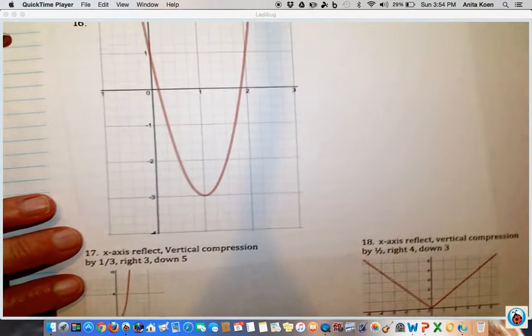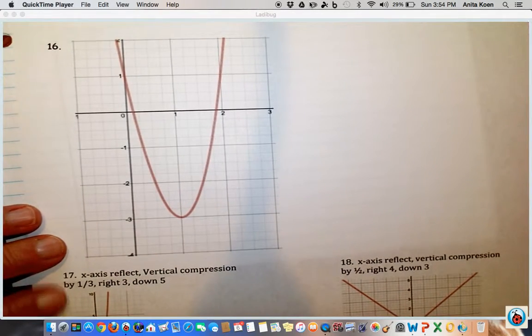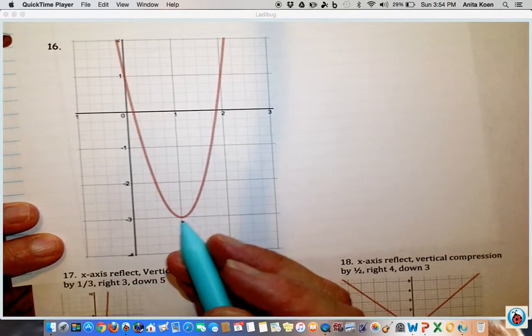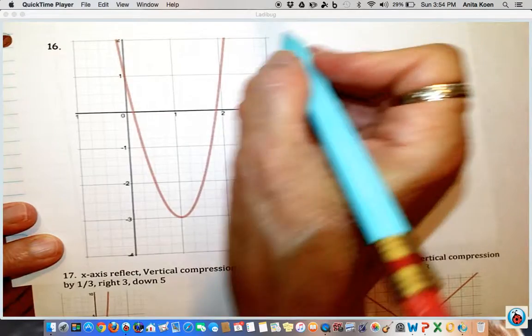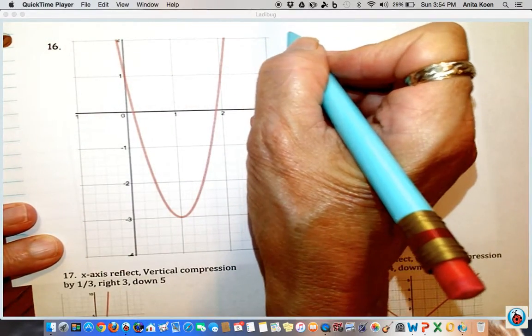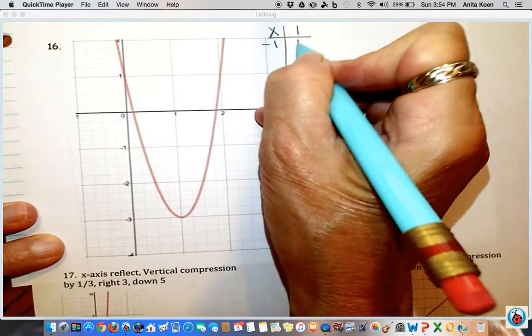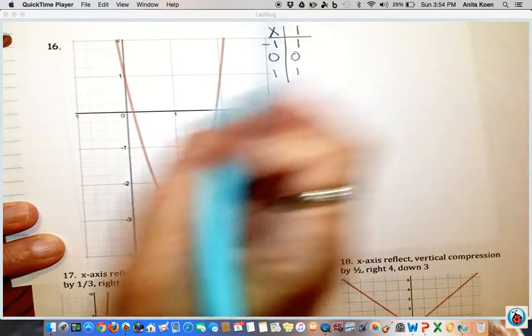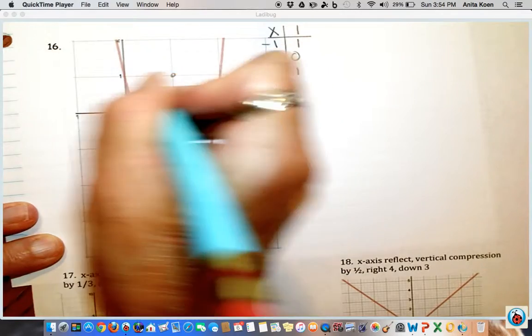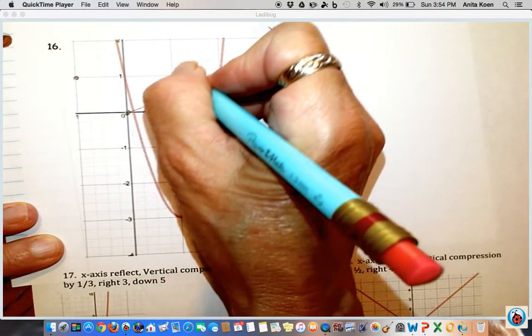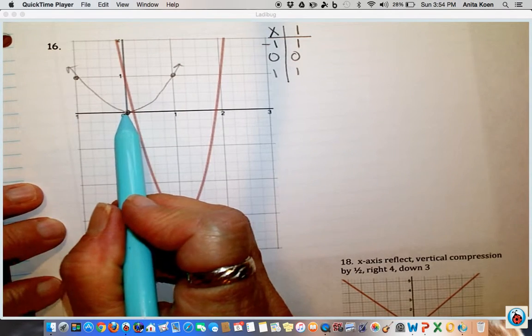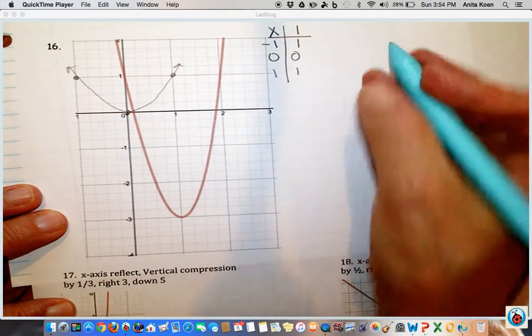Okay, problem number 16 looks like this. It's a quadratic. So I'm going to start out with my parent function. I know the quadratic parent function. Its table looks like this: -1, 1, 0, 0, 1, 1. So it's here, here, and here. So let's look at this shift. I've gone to the right 1.